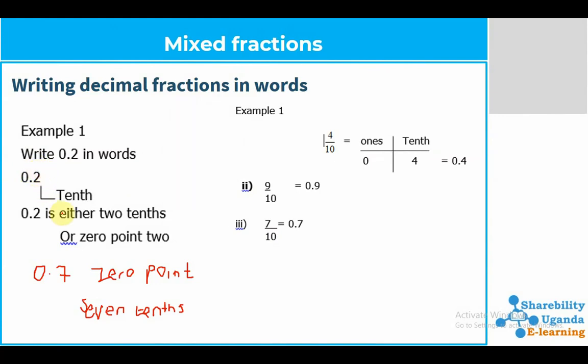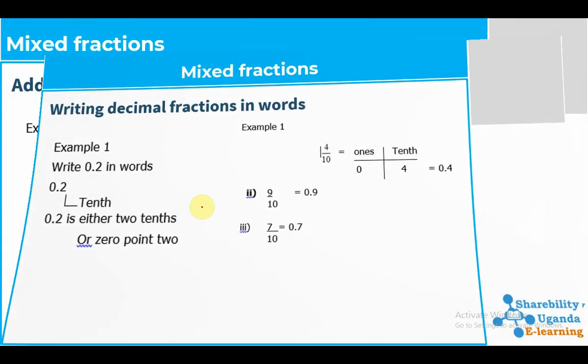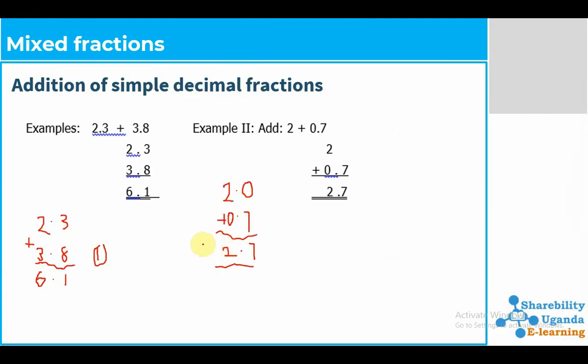So in reading these numbers, we can say it is 2 what? 2 tenths. 2 tenths means this number was derived from 2 out of 10, which is the same as 2 tenths. Alright, so that's how we can simplify numbers of that kind.